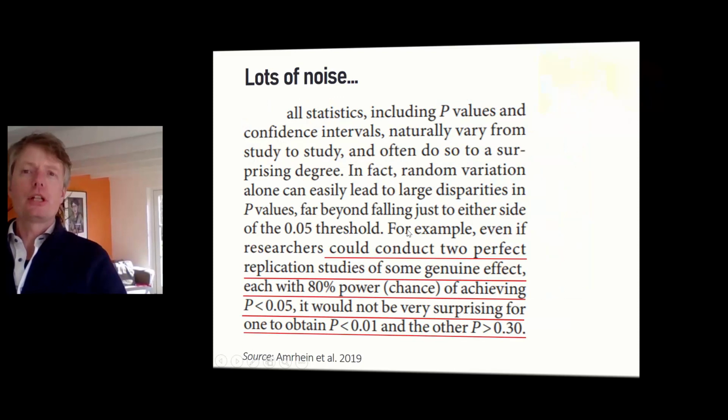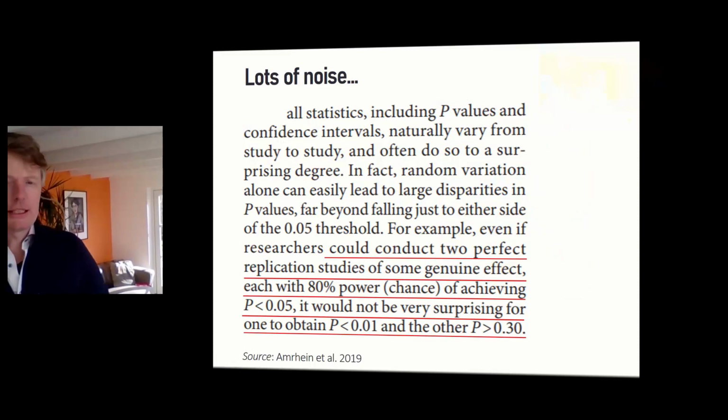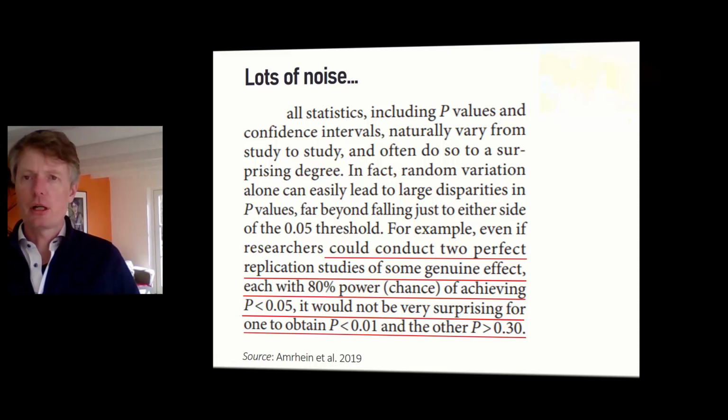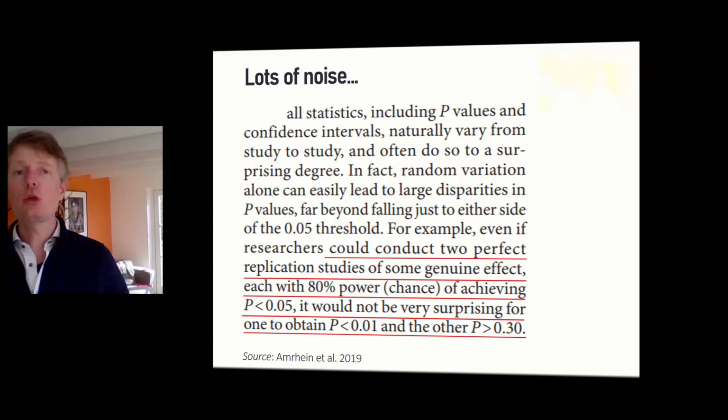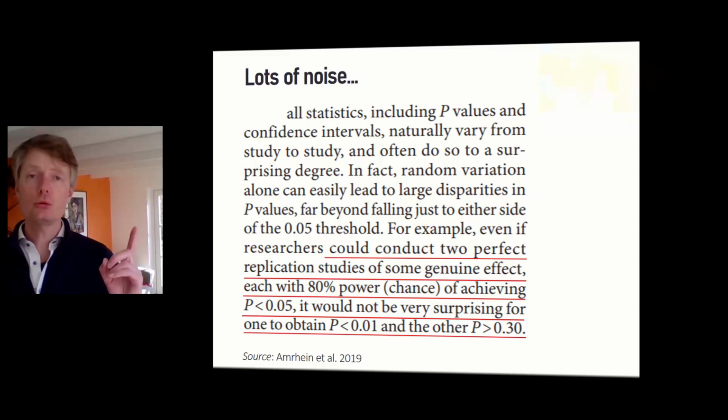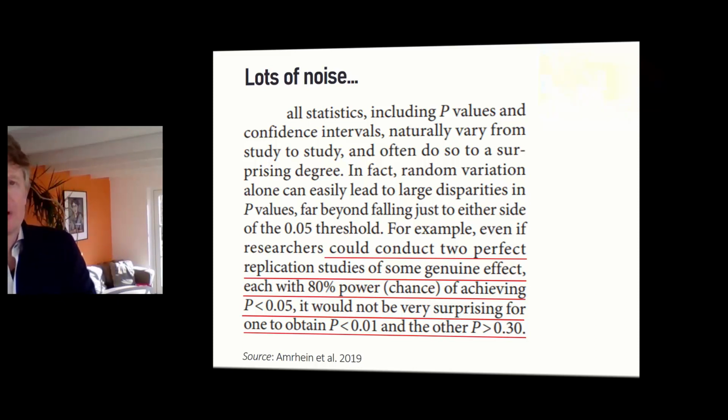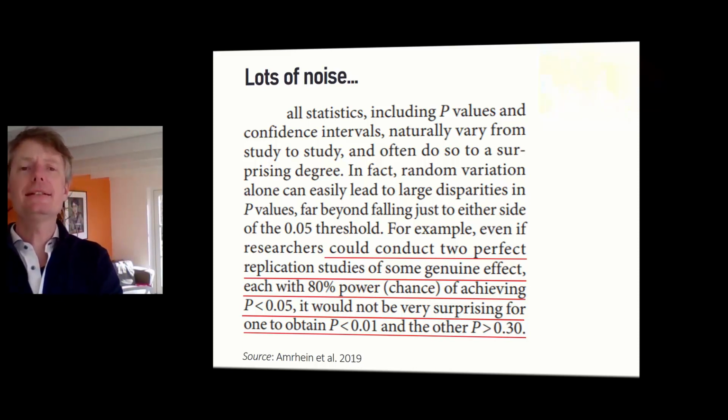And there's a nice quote here from Amrein et al., this article that I discussed earlier, published in Nature. "All statistics, including p-values and confidence intervals, naturally vary from study to study, and often do so to a surprising degree. In fact, random variation alone can easily lead to large disparities in p-values, far beyond falling just to either side of the 0.05 threshold.